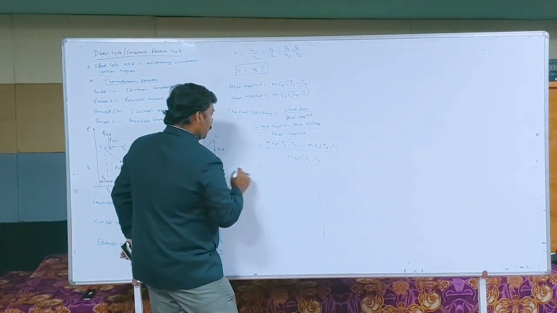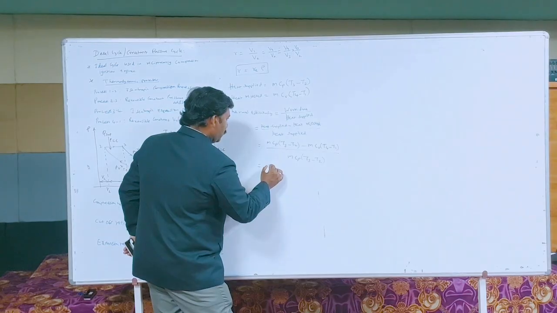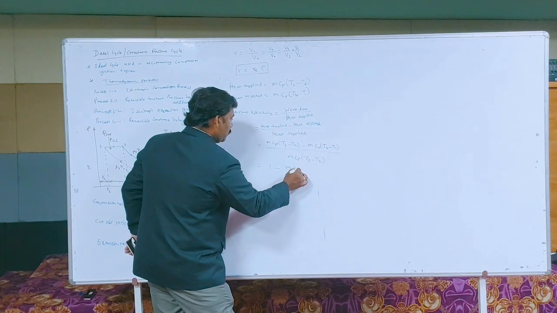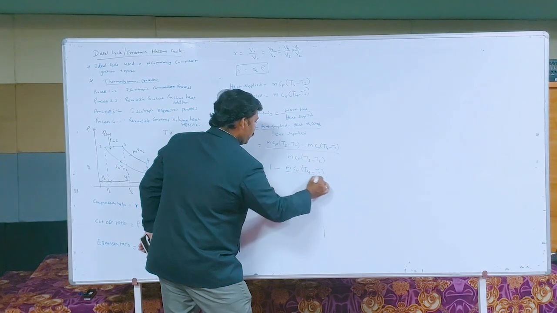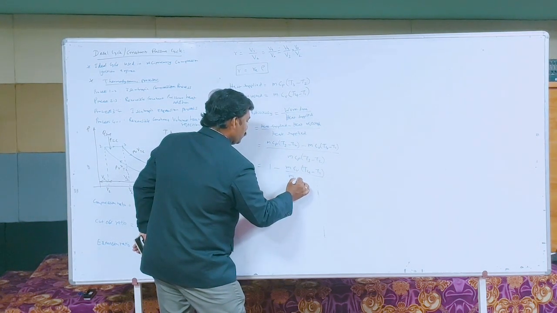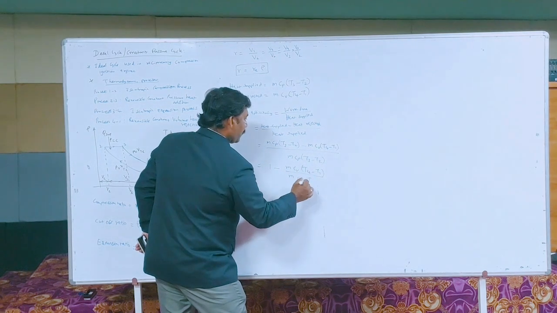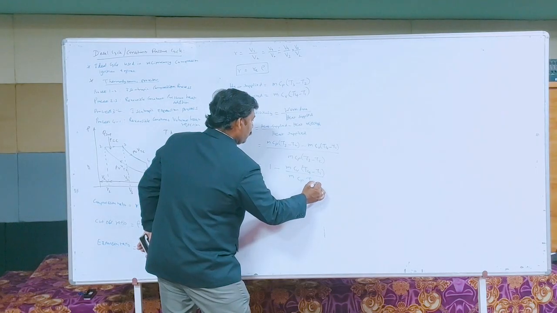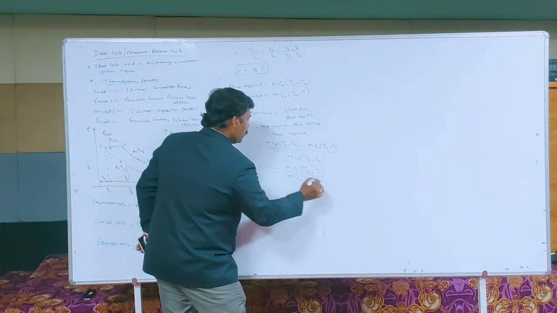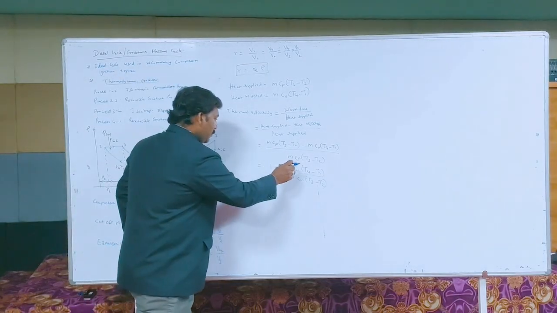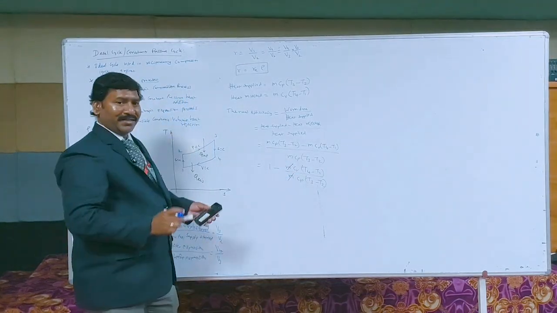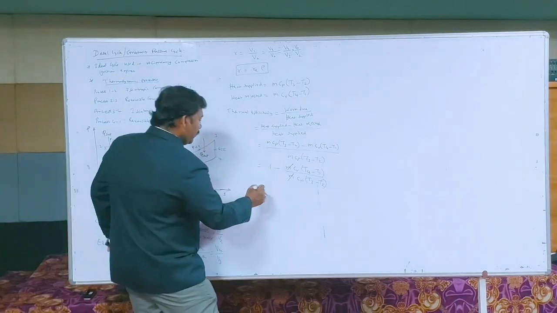By rearranging this expression, I get 1 minus m Cv into T4 minus T1 divided by m Cp into T3 minus T2. The mass in numerator and denominator gets cancelled and Cp by Cv is gamma.